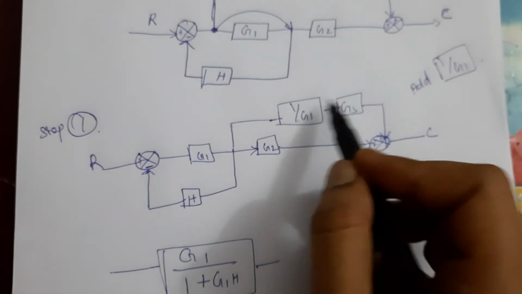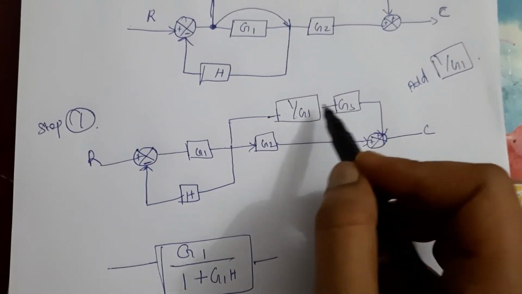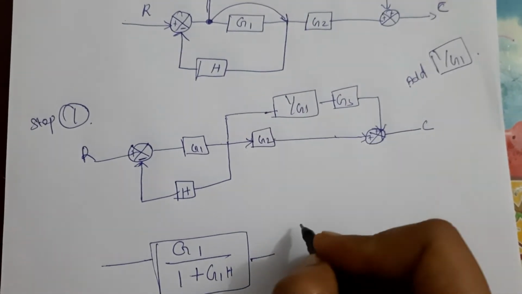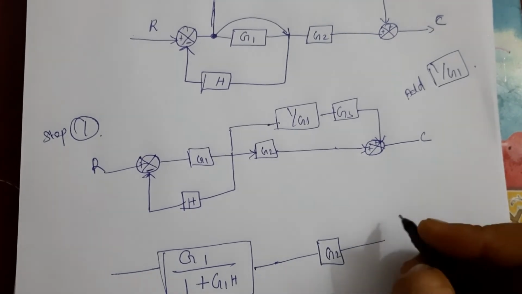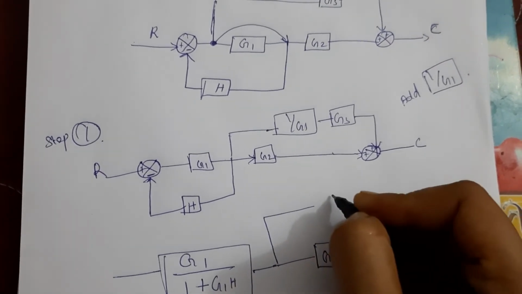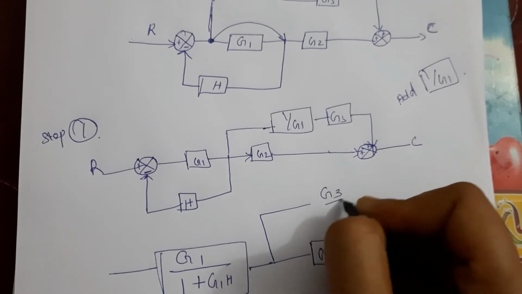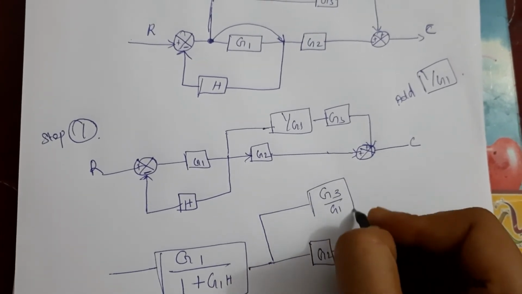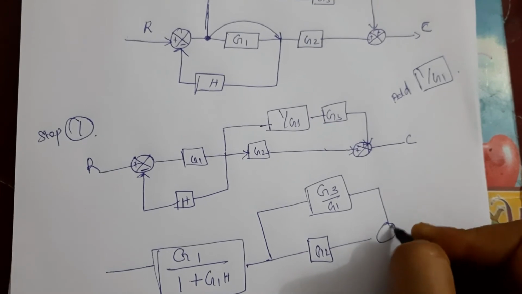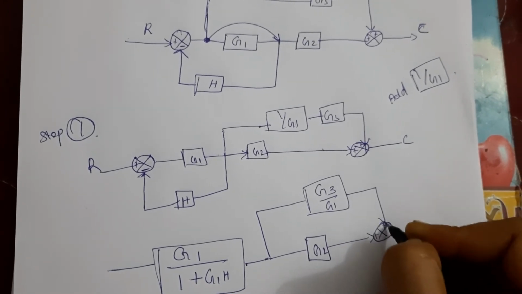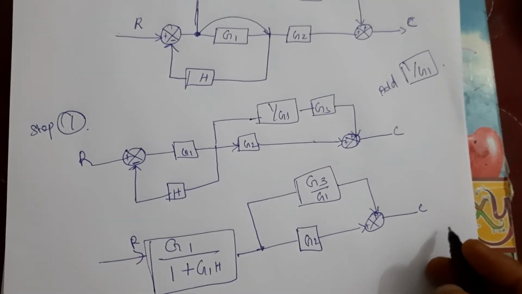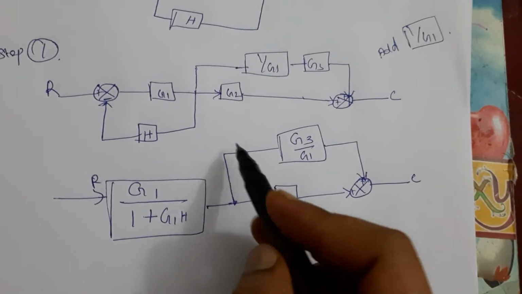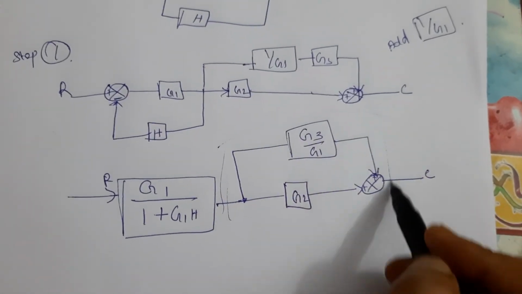Similarly, these two are in cascade connection, so we can multiply these two. So this is G2, and this becomes G3 divided by G1, and this is a summing point, and here we get R and C. So next we have to reduce this part.